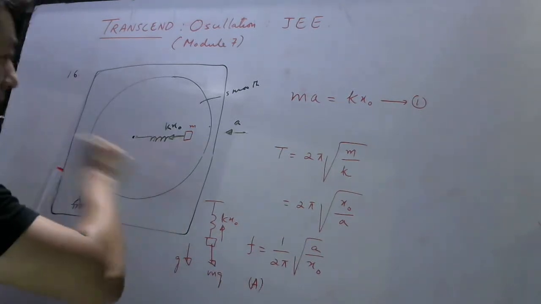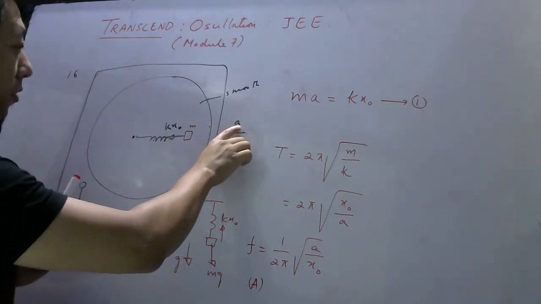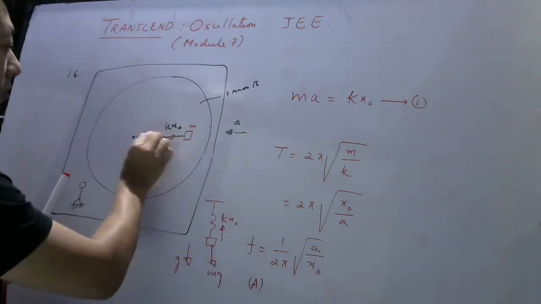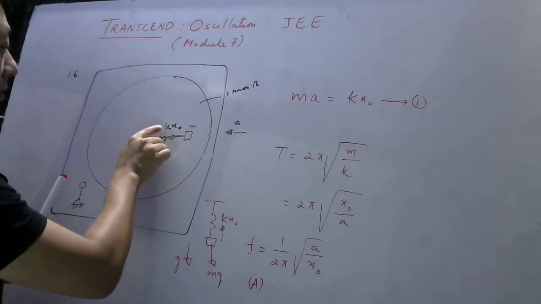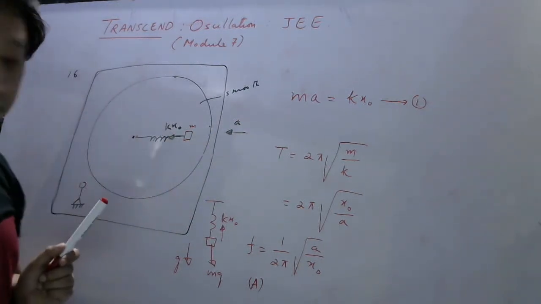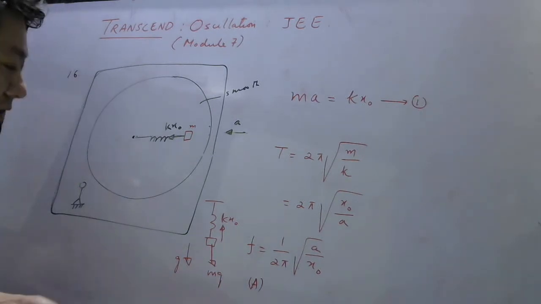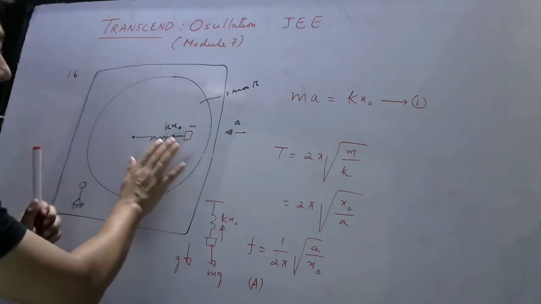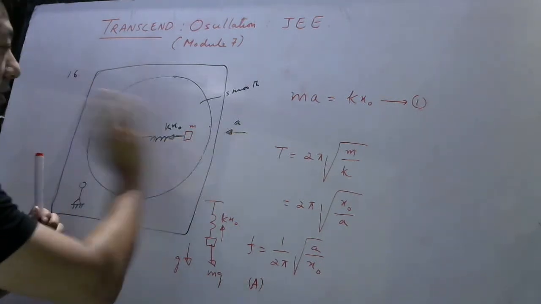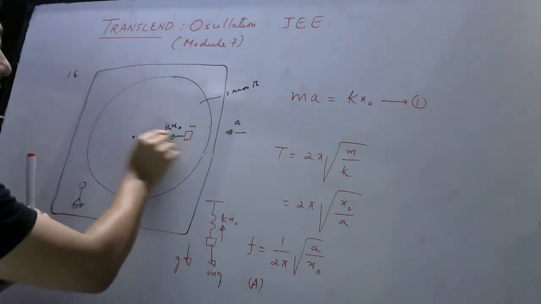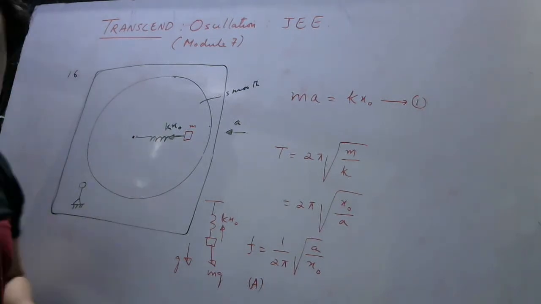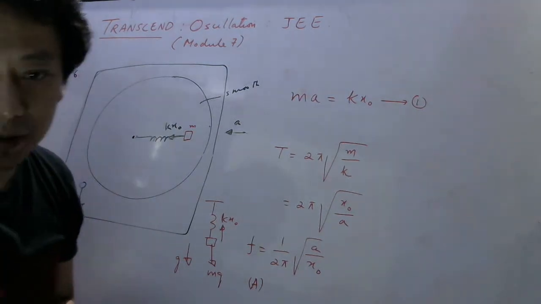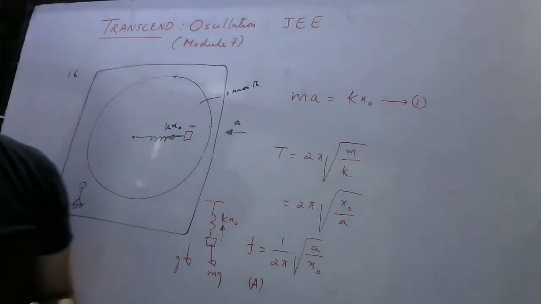But here, even if you don't have a, this block will start oscillating under the action of k x naught. Here gravity is ever present, right? Earth is below this spring, so gravity will be ever present. But suddenly if you remove the acceleration in this problem, then under the action of k x naught it will oscillate. Okay, let us now see the next question.